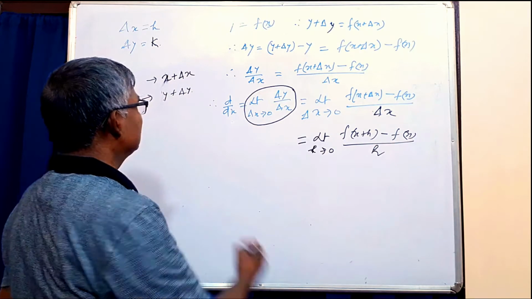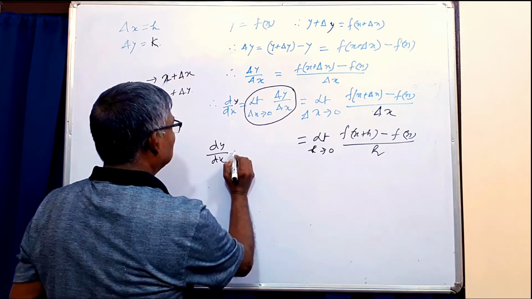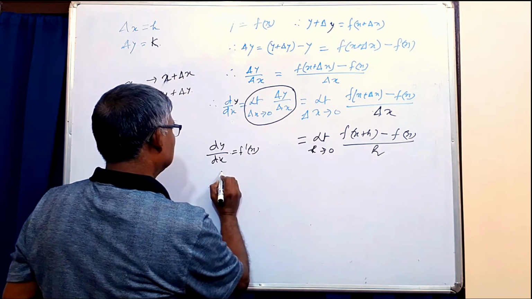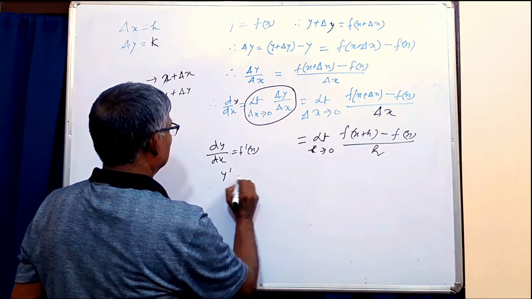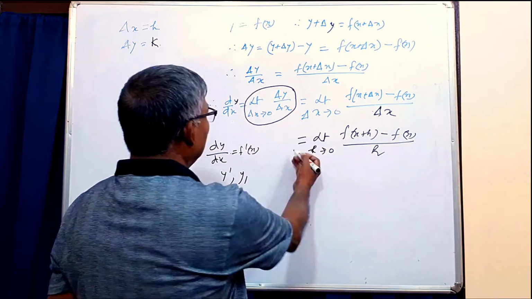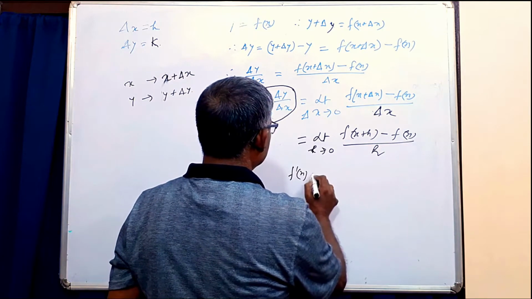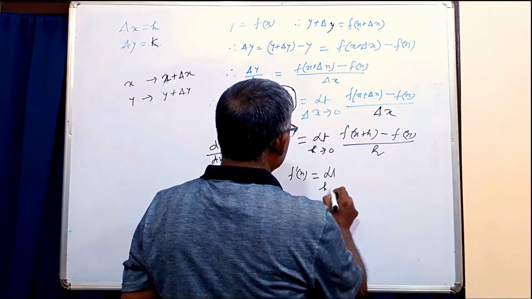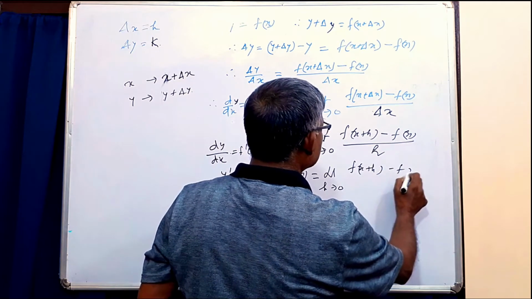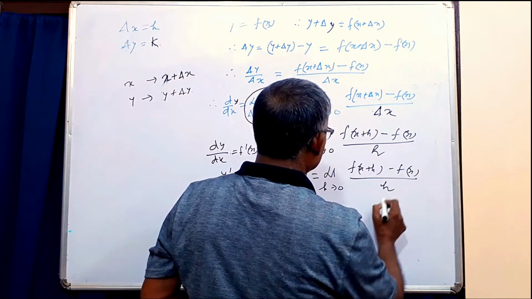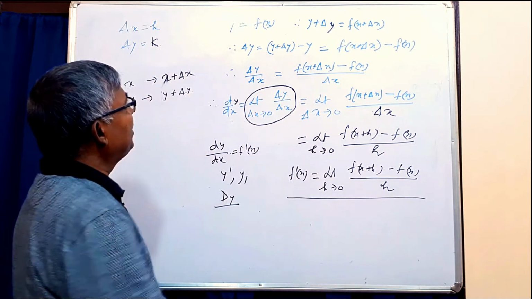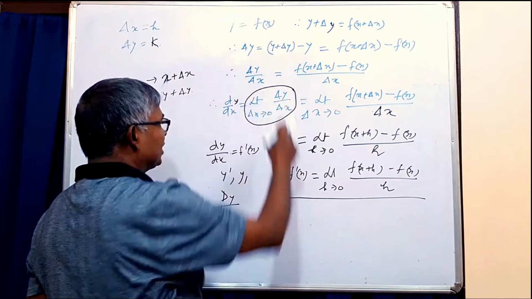Mathematically we can write dy/dx equals f dash x, or y dash, or y1, or dy, whatever you like. We get f dash x equals limit h tends to 0 of f(x plus h) minus f(x) by h. This is called the derivative of f(x) with respect to x.